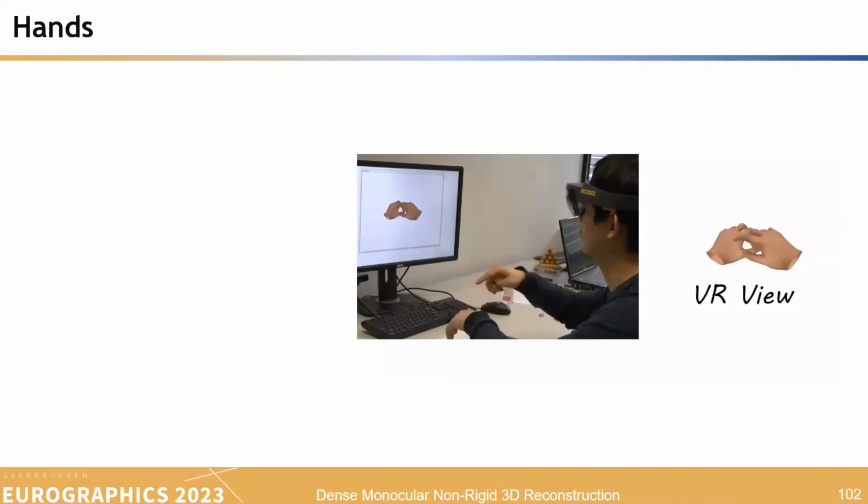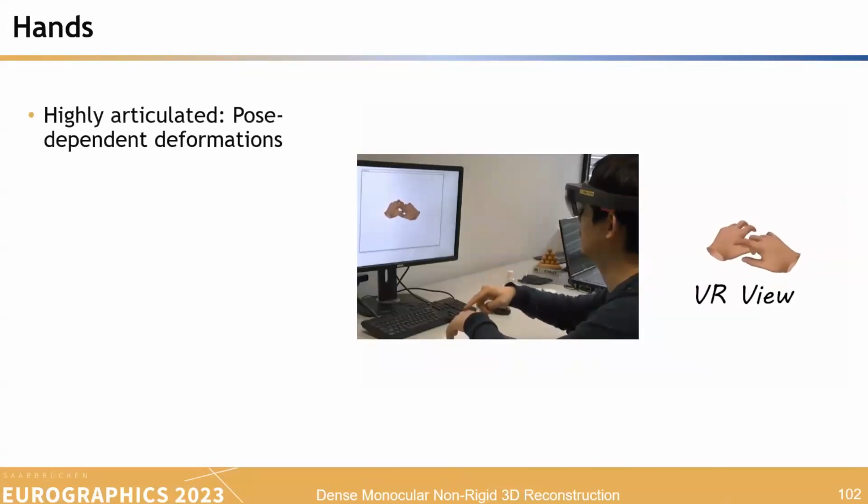Okay. Hands. Hands are a natural way for us to interact with our environment, and the same goes if you want to intuitively interact with a virtual environment. Then reconstruction of hands from monocular images is important.